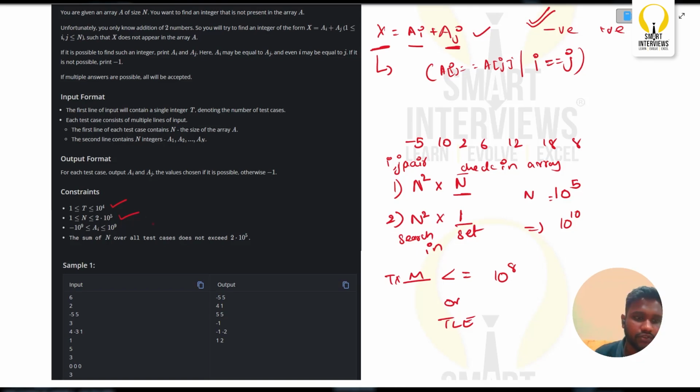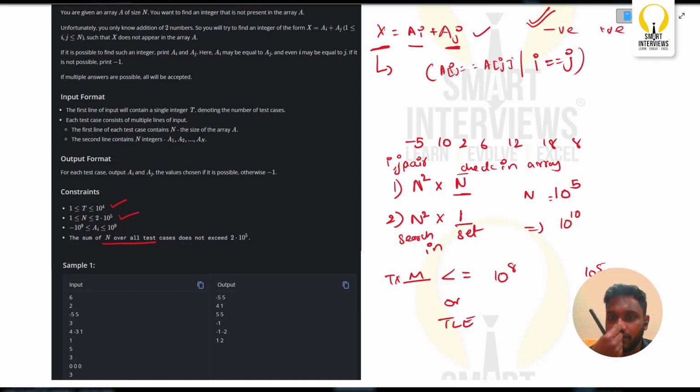It would work because we are given that the sum of n over all test cases does not exceed 2 into 10 power 5. So we don't have to worry about it. If we can generate something like a t into n solution, it will work.